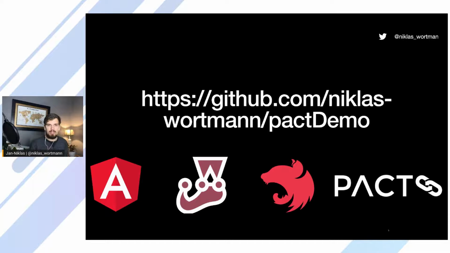But to make it a more real-life experience, I used Pactflow, which is a cloud service provided by the Pact core team to host Pact files. The provider verification test will come within the next days, so if you're interested in that part as well, stay tuned.